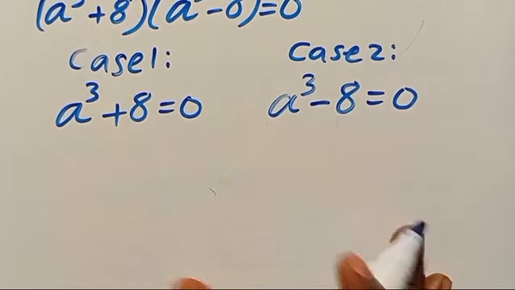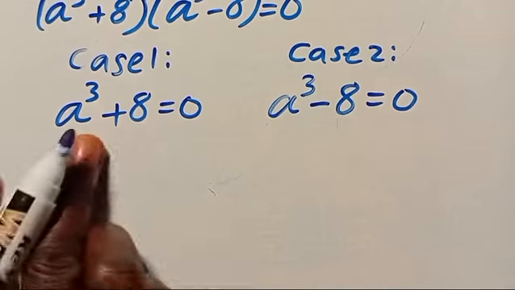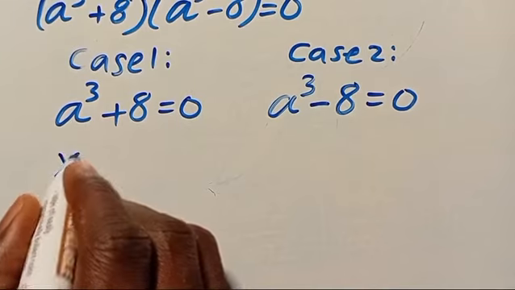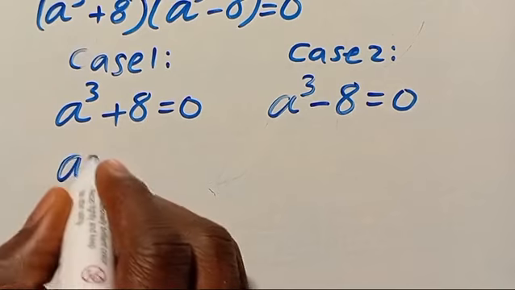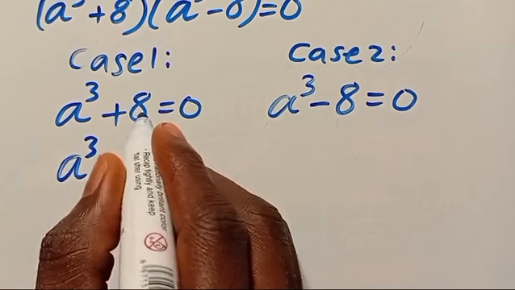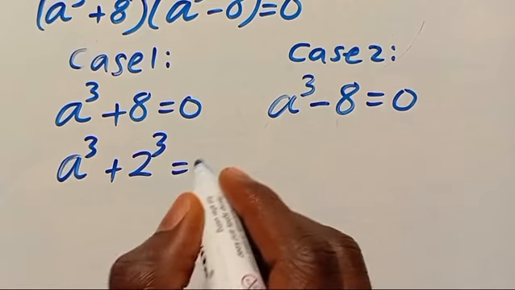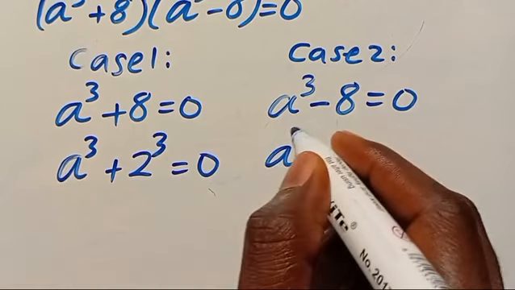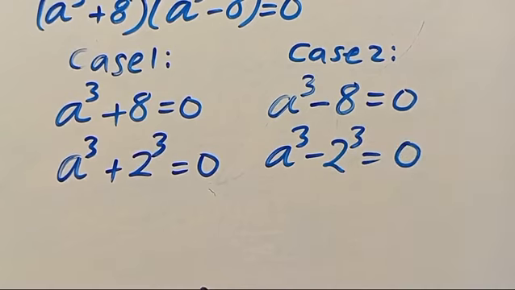So from here, let us now recall that we can have a to the power of 3 plus 8, with 8 in base 2 as 2 to the power of 3, still equals 0. This is also a to the power of 3 minus 2 to the power of 3 still equals 0.